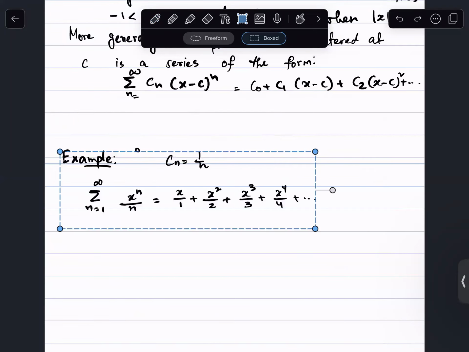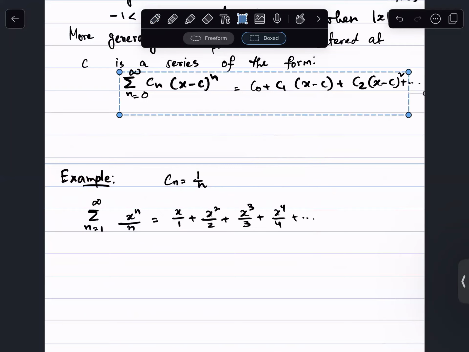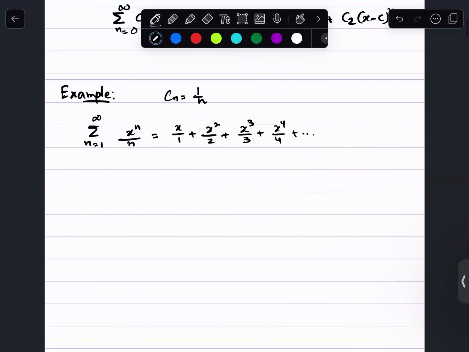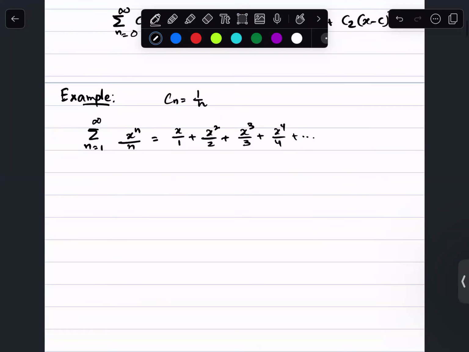This is an example of a power series. So if my Cn is 1 over n, then my power series centered at 0 with coefficients Cn equal to 1 over n will look like this, right? x to the n over n.